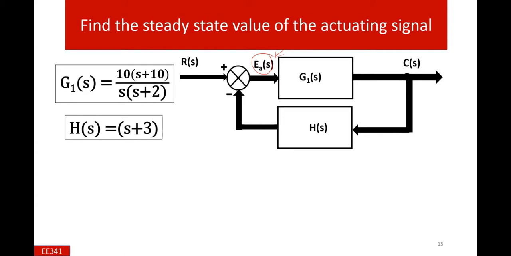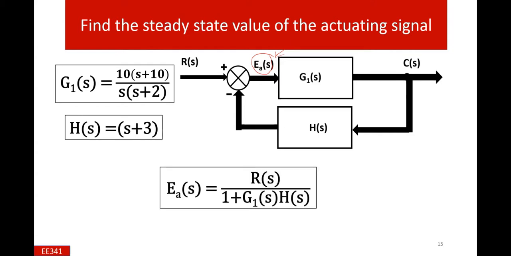We already decided that for this type of system we can apply the step input at most, and here we find the error signal using the given data and the input value. This type of problem is already covered at the start of the chapter on steady state errors.